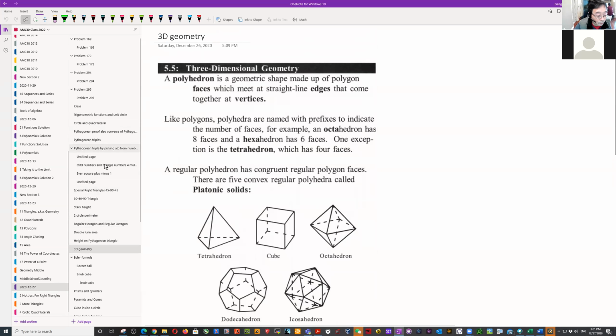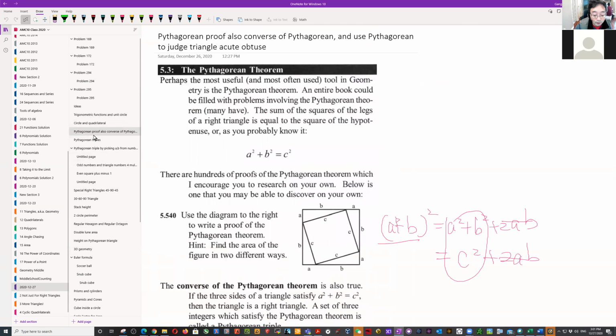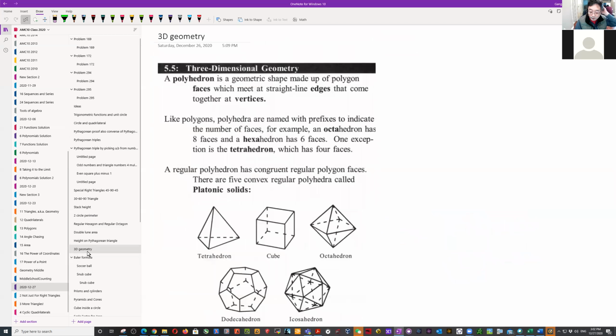So we just went through the Pythagorean triples, how we generate them, and we used spatial ratios and did some geometry problems. The 3D geometry is fairly formula based.